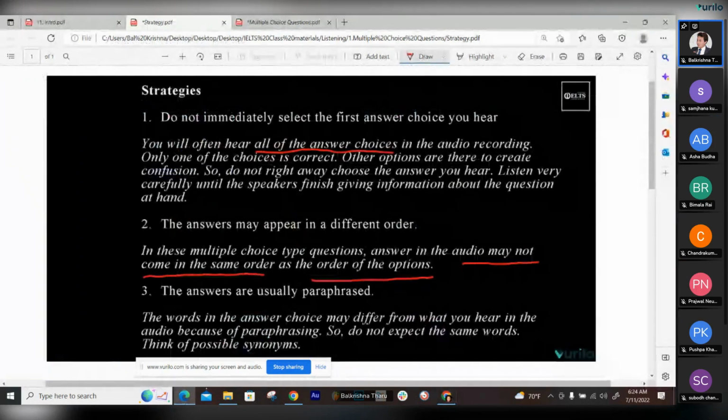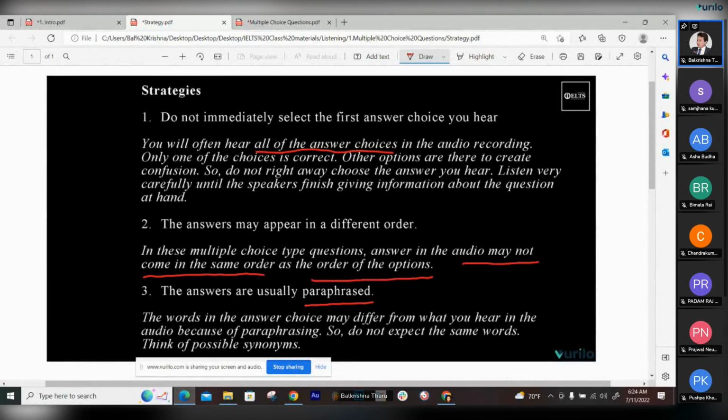Now, strategy number 3. The answers are usually paraphrased. The answers are usually what? Not given in the same words. The speakers use some other words. Synonyms, of course.